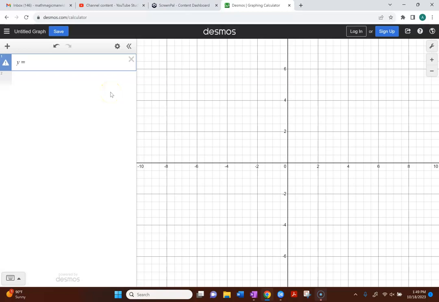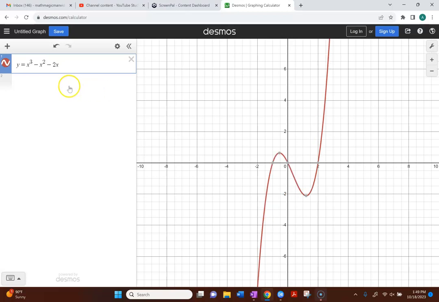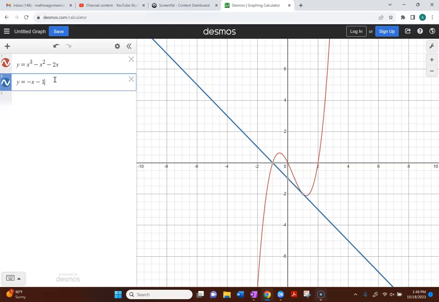Here's my original x cubed minus x squared minus 2x, and it went through -1 to 1. There it is going through -1 to 1, so there's that slope in blue.